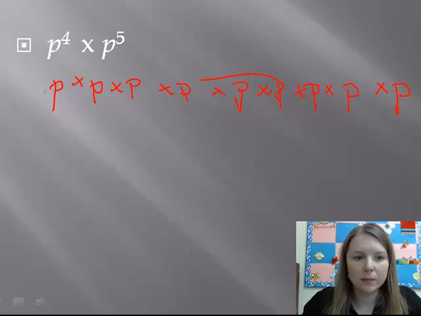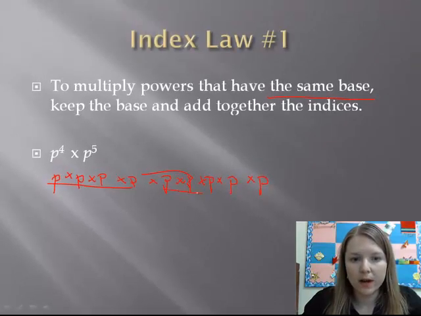So we've got p to the power of 4, the first 4, times p to the power of 5, the second 5. If you actually count up how many p's that is, that's p to the power of 1, 2, 3, 4, 5, 6, 7, 8, 9. So that's how it works.